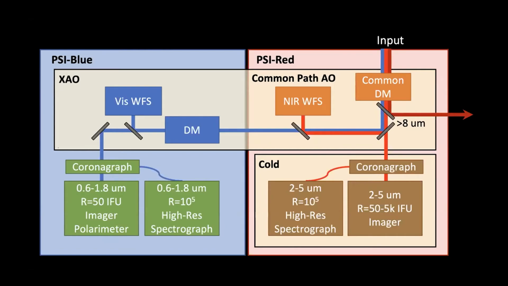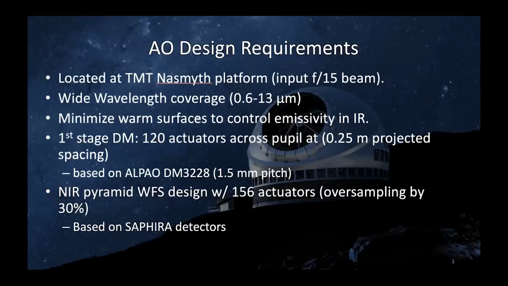Okay, so I want to say a few words about the design requirements for this first stage AO system. So PSI will be located at the TMT's Nasmyth platform. So we have our input F15 beam. We have to cover a wide wavelength range in order to accommodate all of the science cases for PSI. Of course, we want to minimize the number of warm surfaces.